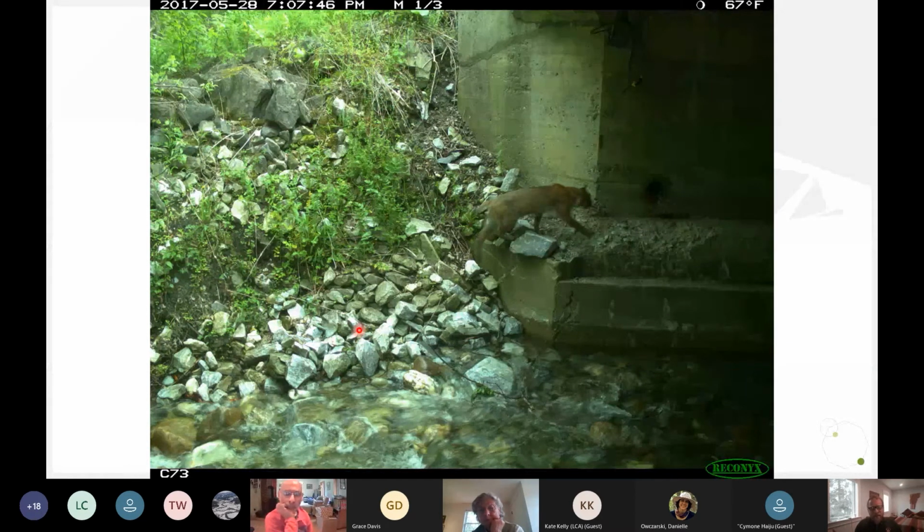By having good sized bridges and culverts, we're meeting those river corridor demands for improving water quality and river process, but we're also allowing for in-stream movement of fish and other aquatic organisms, and beside the culverts, movement of terrestrial animals like this bobcat. They really don't like to get their feet wet, and even a small few inch wide shelf is sufficient for many of these animals to use the bridge system or the culvert system.